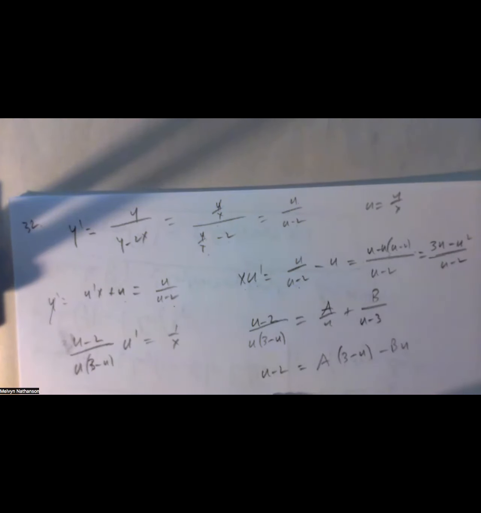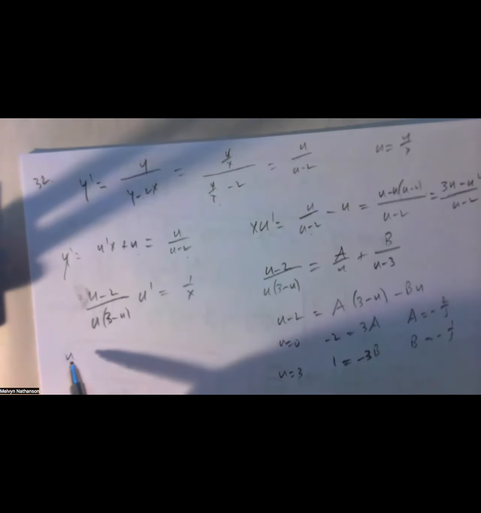Let's see. By letting u equal 0, I get minus 2 equals 3a. So a is minus 2/3. If I let u equal 3, I get 1 is minus 3b. So b is minus a third.